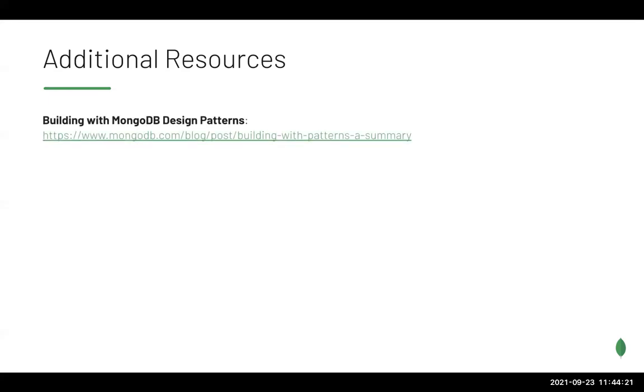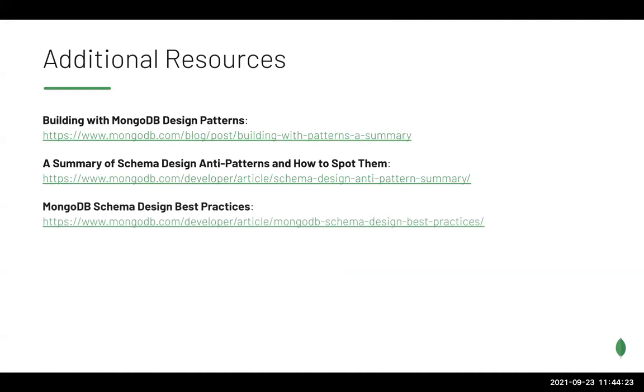Now, I do want to leave you with a couple of additional resources, and we'll get to the Q&A in just a couple minutes as well. If you want to learn more about the patterns in MongoDB, we have a blog post on the MongoDB blog that is going to summarize all of the patterns that I showed in the graph earlier, with use cases and examples of them, as well as a summary of schema design anti-patterns and how to spot them in your application.